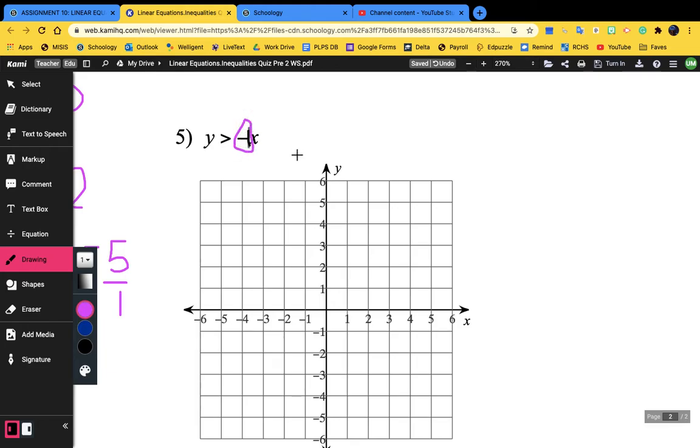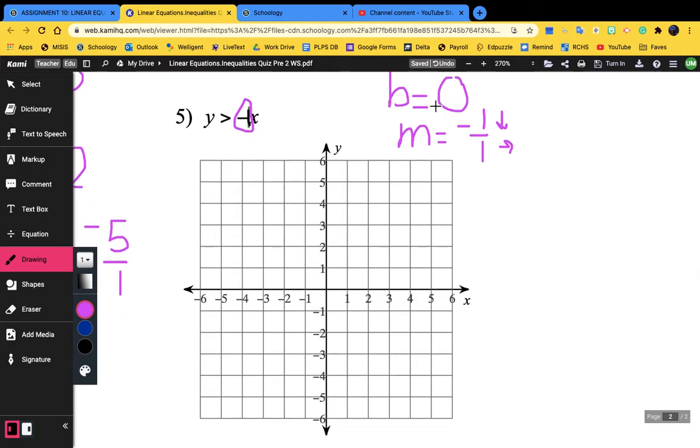My B, there is no B. So B is equal to 0 because there's no B, right? And my M is equal to -1. And I want it as a fraction, so I'm going to put a 1 under it.